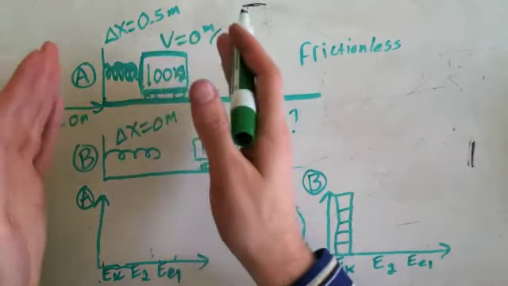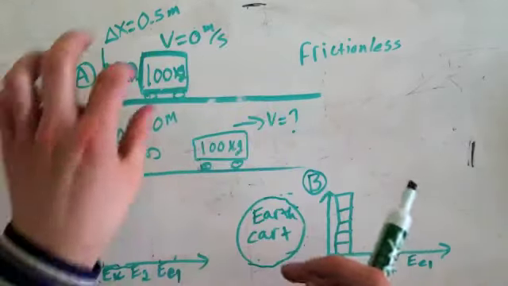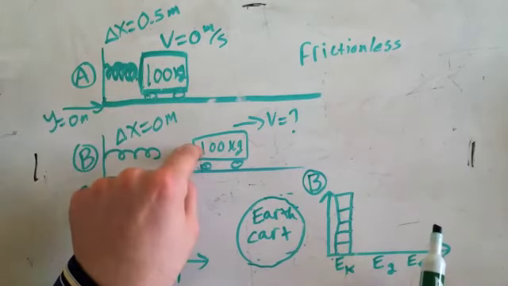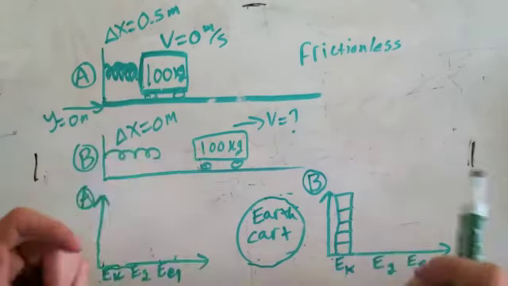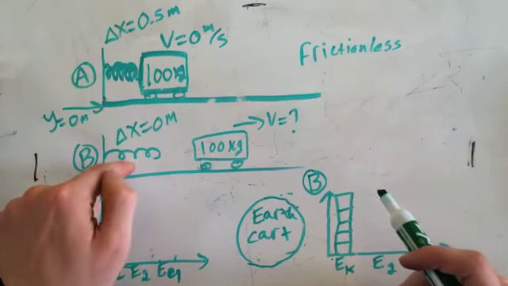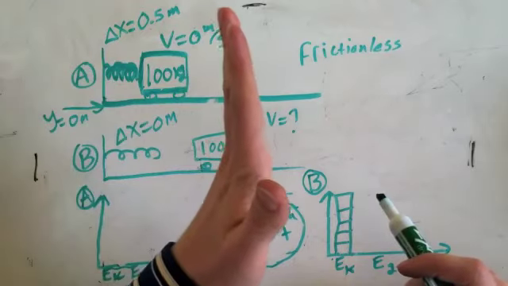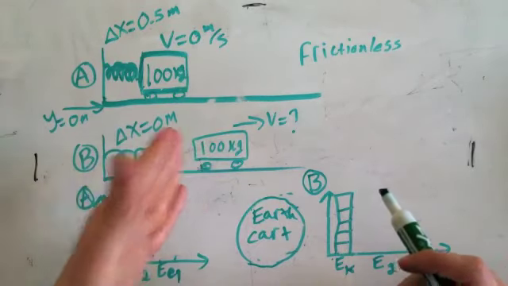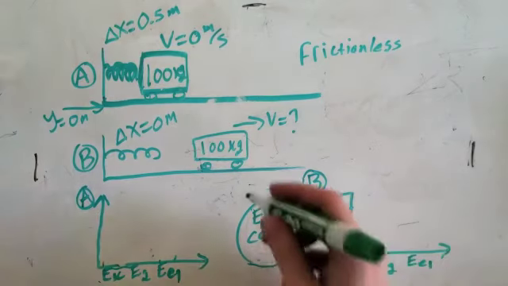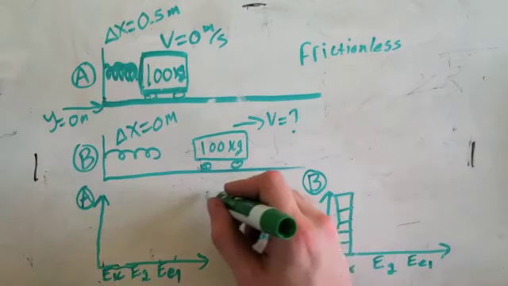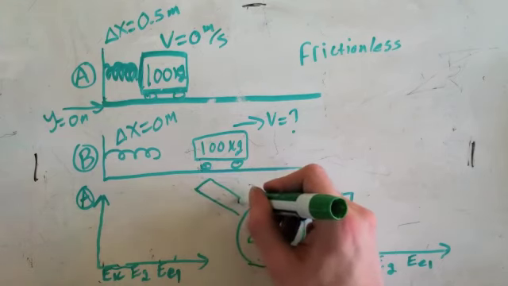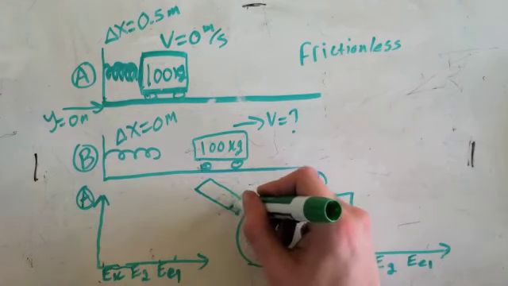In A, the cart, our system, no energy. What gives the energy to the system in part B? Clearly, it's the spring. The spring pushes on the cart, applying some energy to it. The way that I show this is by literally drawing qualitative energy blocks coming into my system.